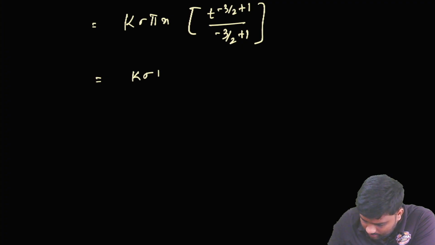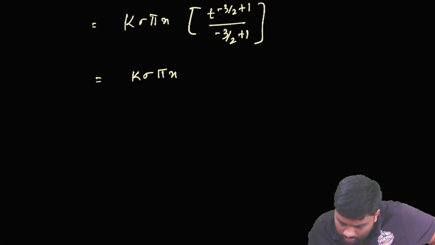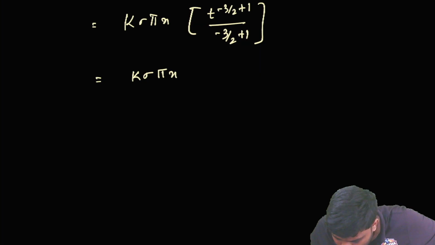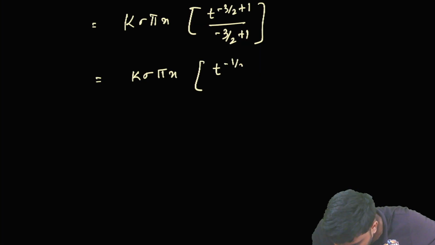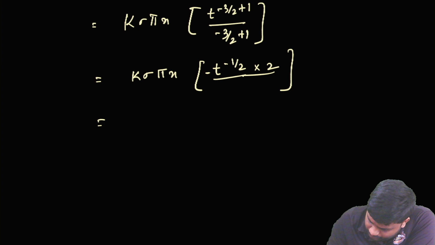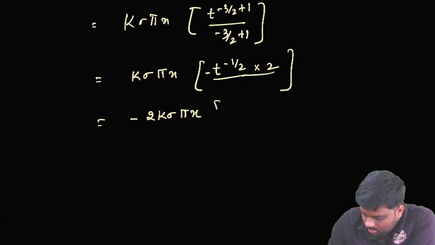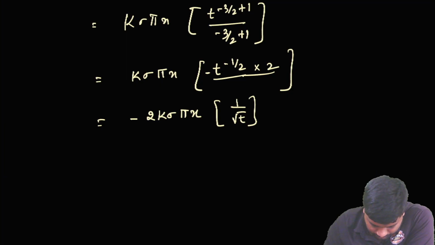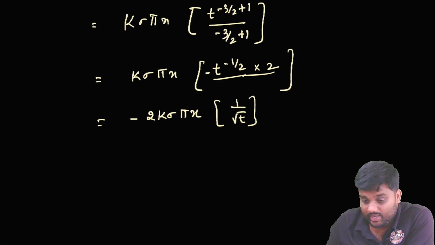From here you get k sigma pi x, it comes out to be 1 by 2, t power minus 1 by 2, into 2 minus. So it is equal to minus 2k sigma pi x, 1 by root t. You have to integrate from 0 to r.